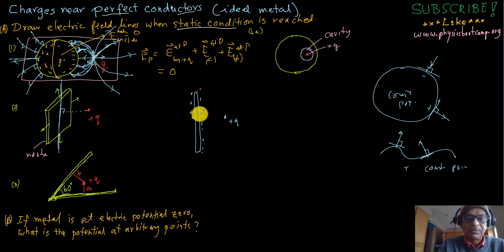Now we do the same kind of thing as over there. In here, very close to this, if I'm very close to a charge, it's going to be just like a single charge, it doesn't know about that. But over here again, it's going to be 90 degrees.